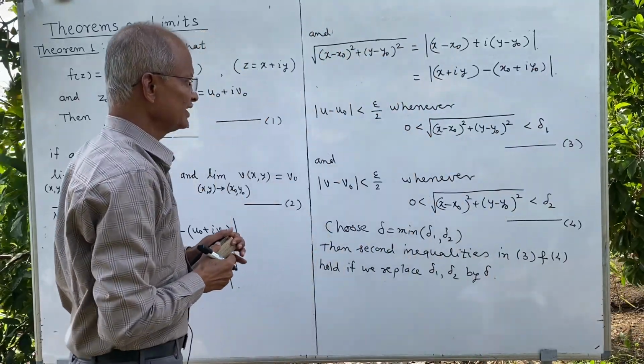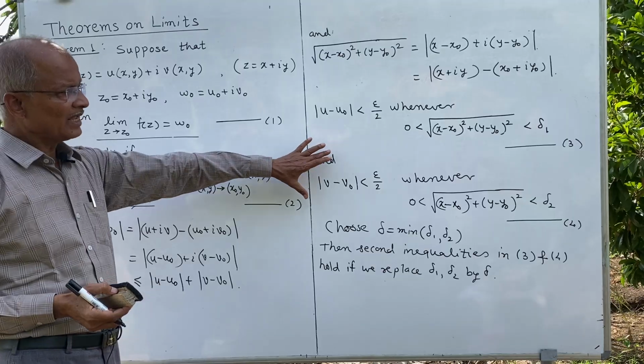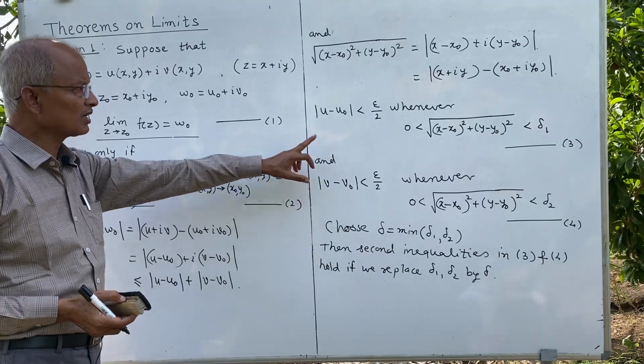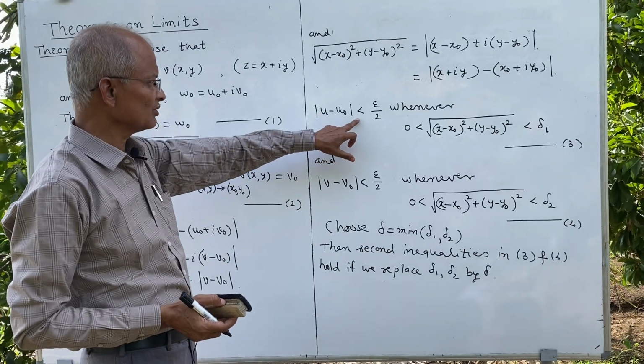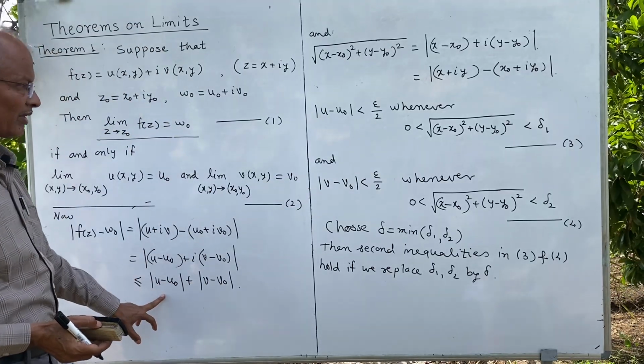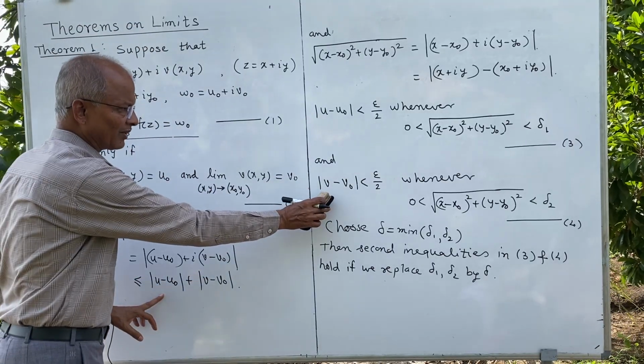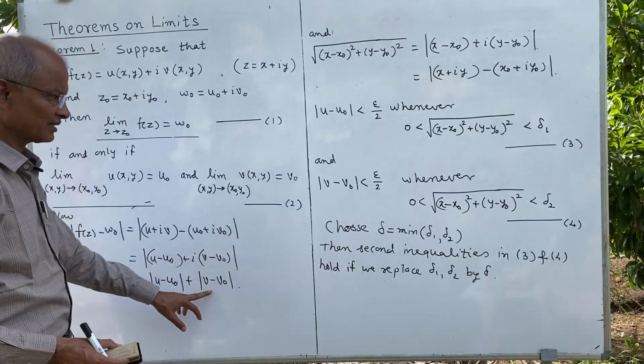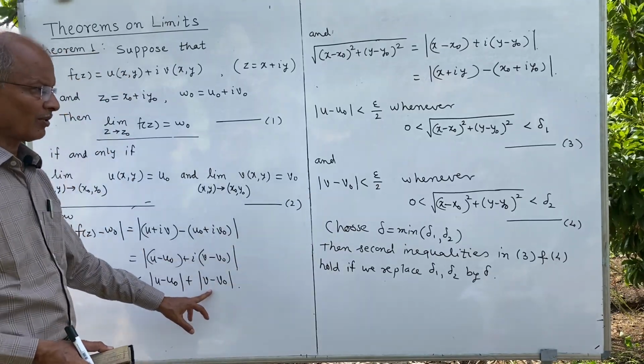And now we see, from 3 and 4, what is the mod of u minus u naught? This is less than epsilon by 2, and what about mod of v minus v naught? That is less than epsilon by 2, and what about this?